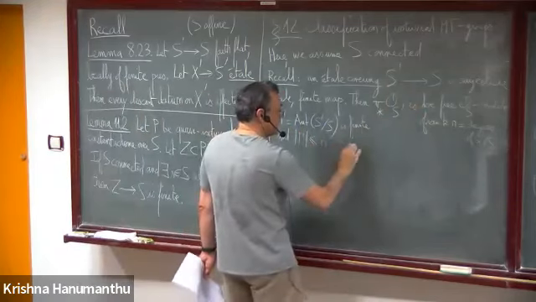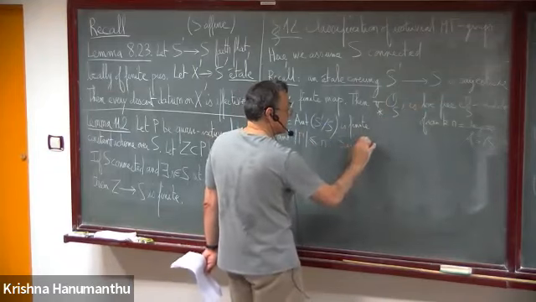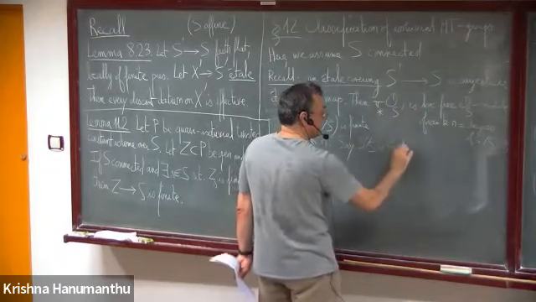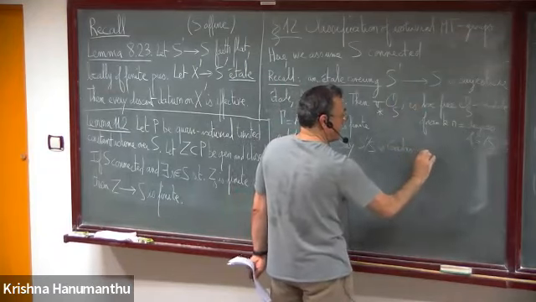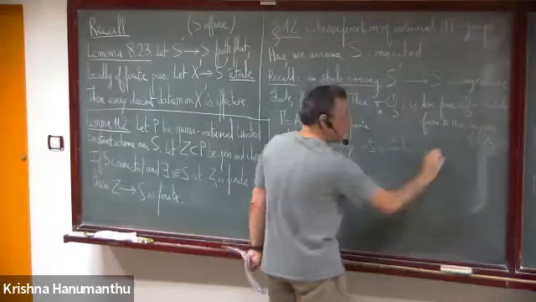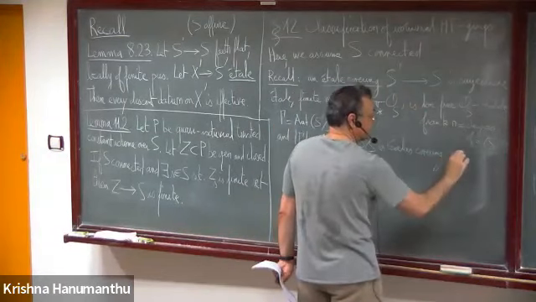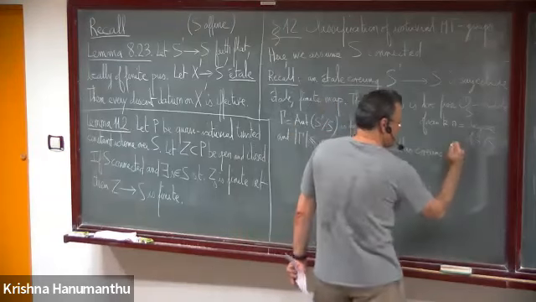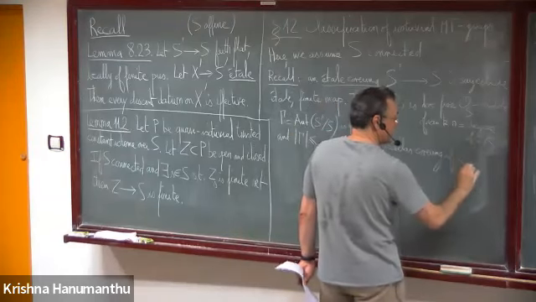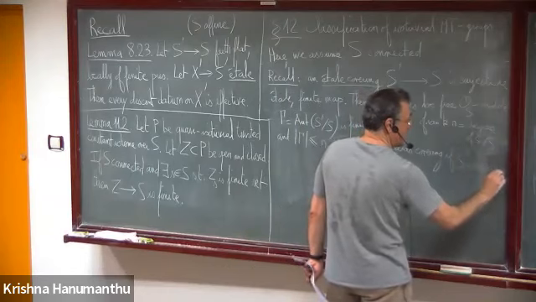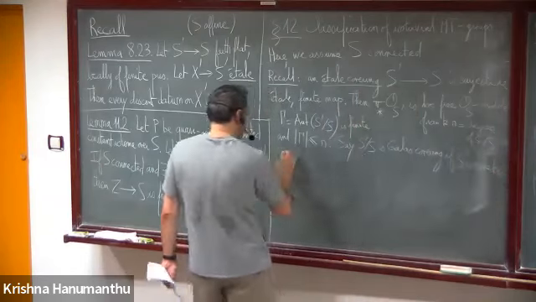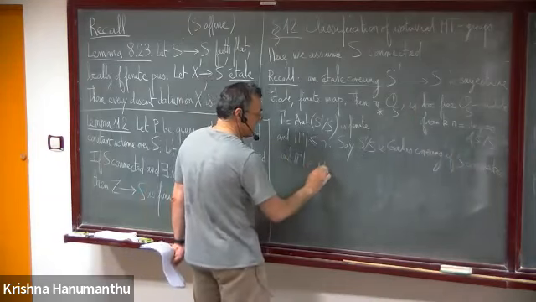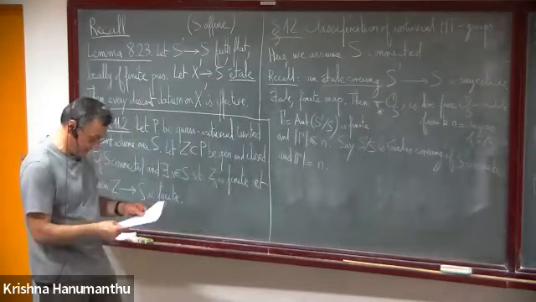And one says that S prime over S is a Galois cover if S prime is connected, and the cardinality of gamma is exactly equal to n.